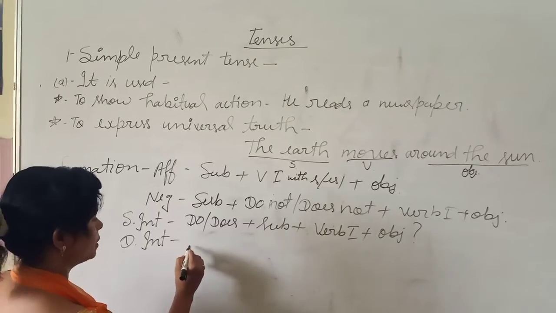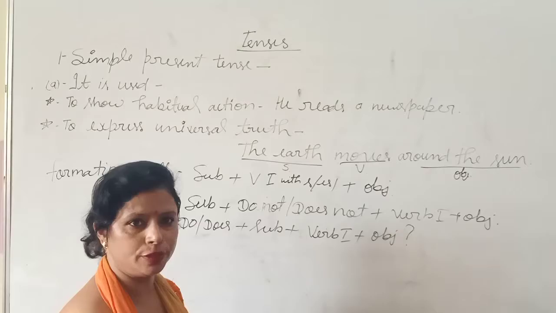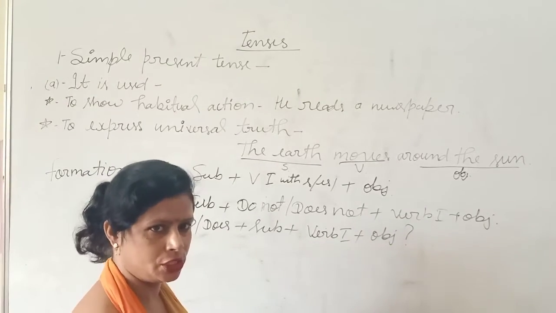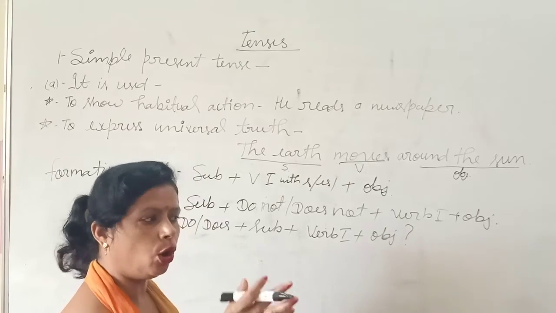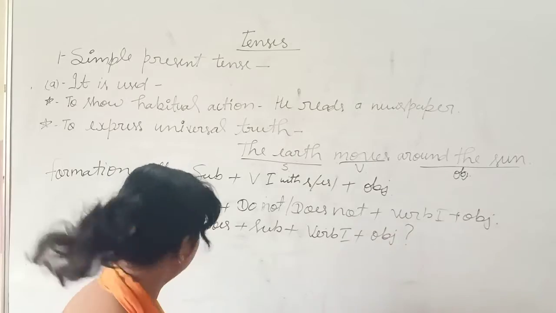Double interrogative. In this sentence we have to use a WH word. There are many kinds of WH words, for example why, when, how, which, what, where. All these are kinds of WH words, or in other words question words. Right, children?